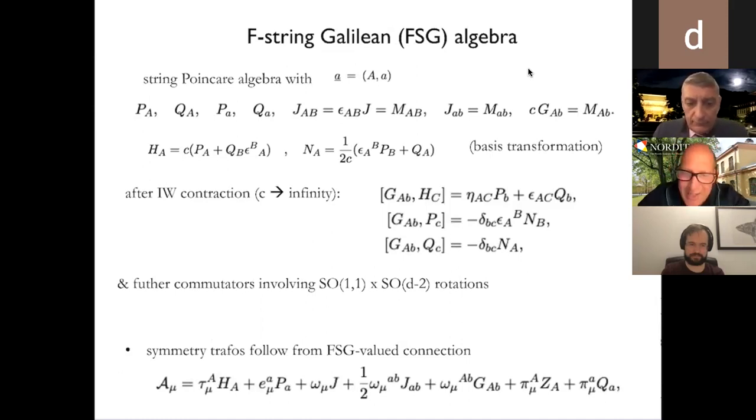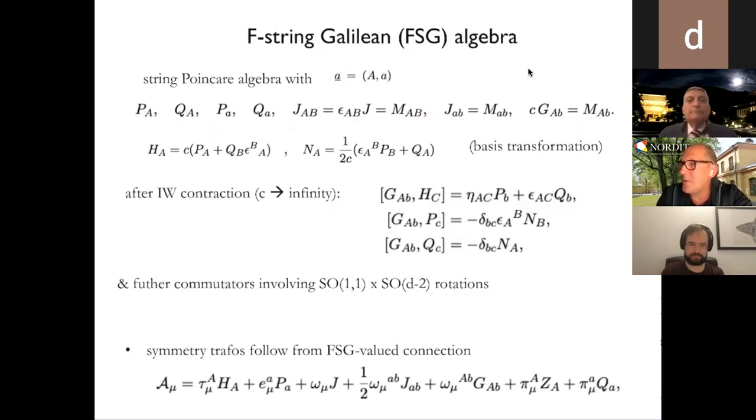Here we're going to get it as a contraction of not just Poincare again, but of stringy Poincare. Now remember, stringy Poincare had Lorentz generators, translation operators, and a second set of translation operators, the Qs. So what we should do is decompose them again in longitudinal and transverse directions.